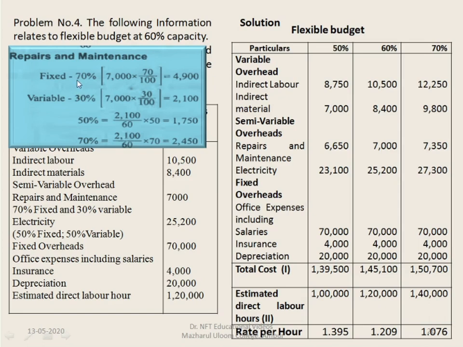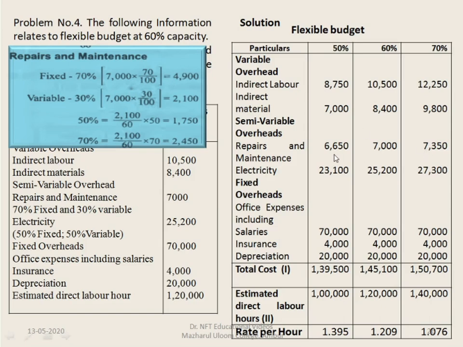Now we'll find out how much is fixed and how much is variable. Fixed cost is 70%, so 7,000 into 70% is 4,900. The 4,900 is fixed at all levels, either it may be 50% or it may be 70%.